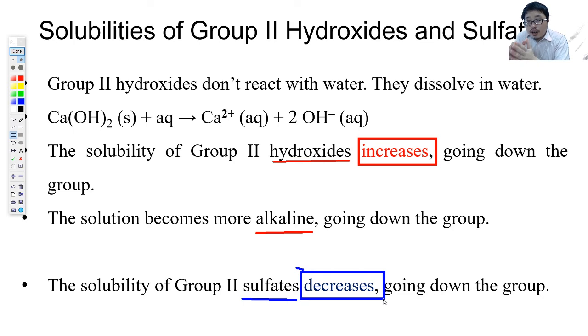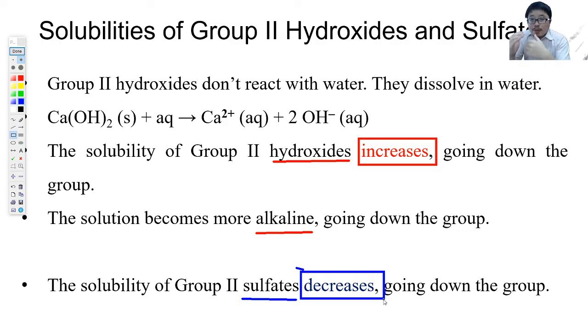It means as you go down the group, your sulfate becomes less and less soluble. That means magnesium sulfate, near the top there, is easily soluble in water. When it becomes barium sulfate, it becomes less soluble, decreases down the road. In fact, barium sulfate is insoluble already.